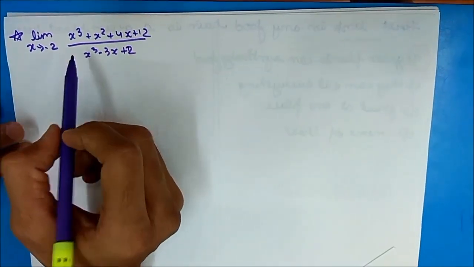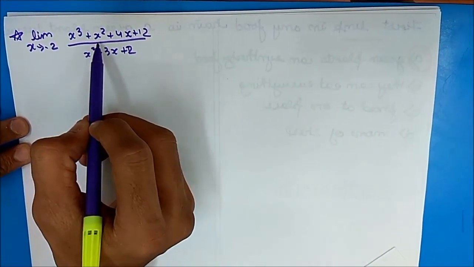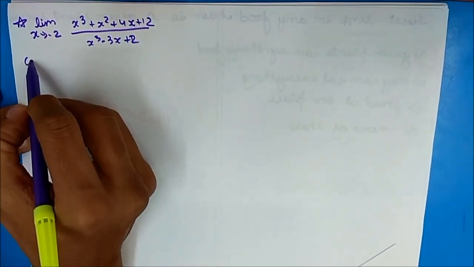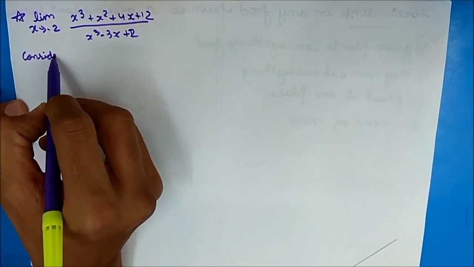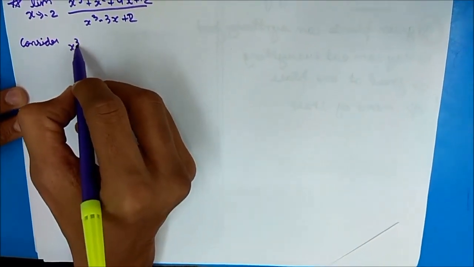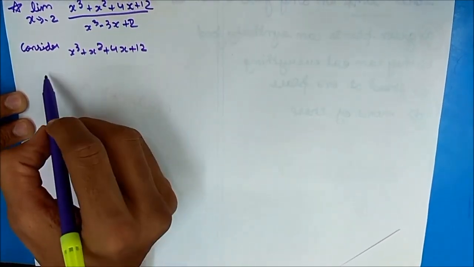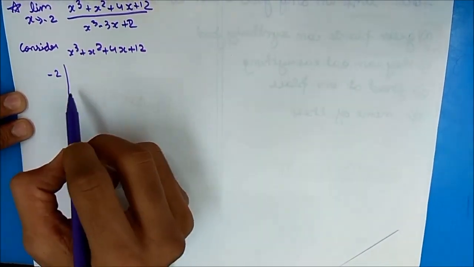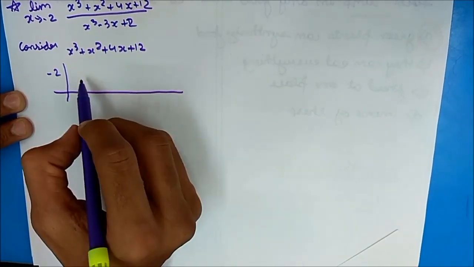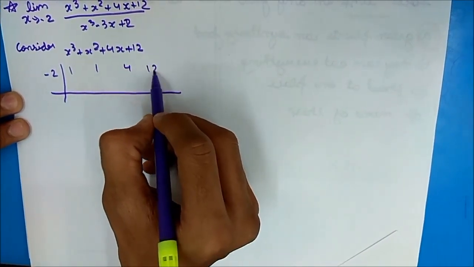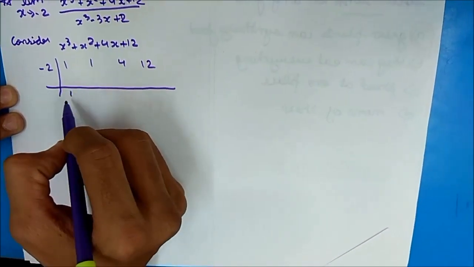To find the factor of x cube plus x square plus 4x plus 12 by synthetic division, so now consider x cube plus x square plus 4x plus 12, that is 1, 1, 4 and 12. This one comes here.